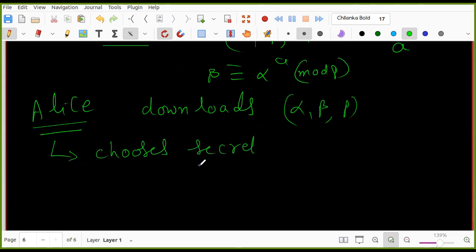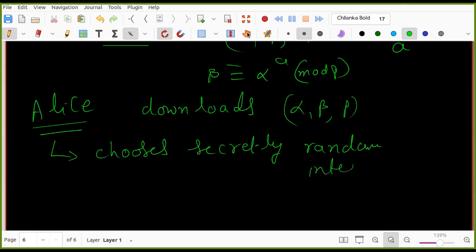This is the difference between our RSA algorithm and here. In RSA, Alice will not choose any secret key. But here she chooses a random integer k secretly. But that does not create any problem for Bob to decrypt. That is the beauty of this random integer k.